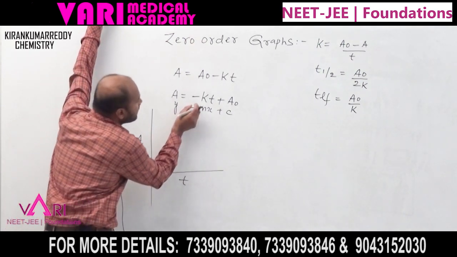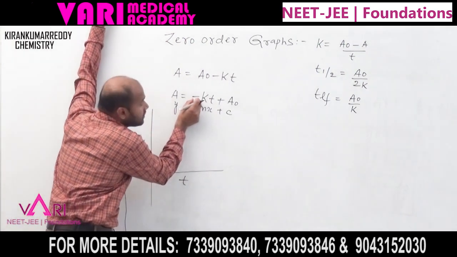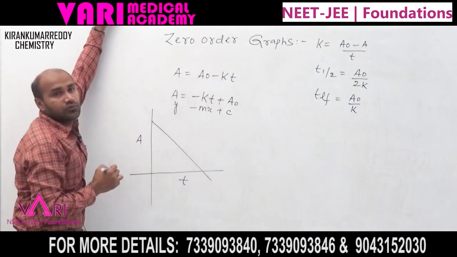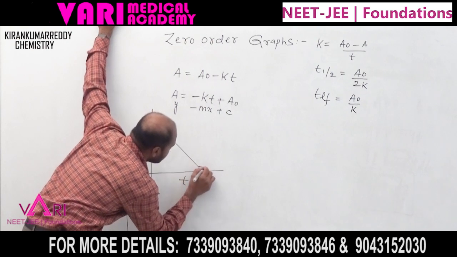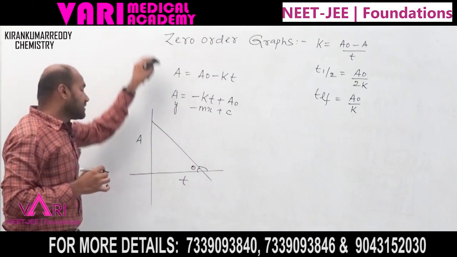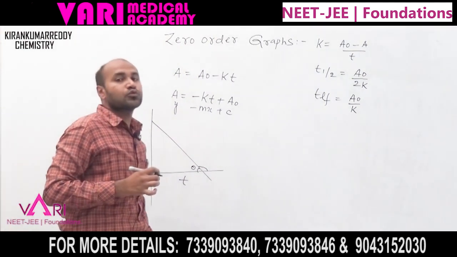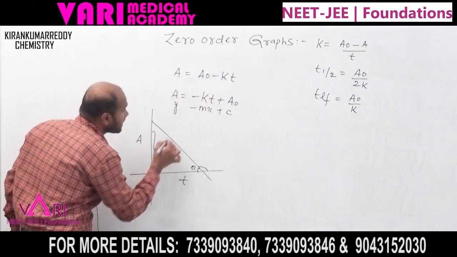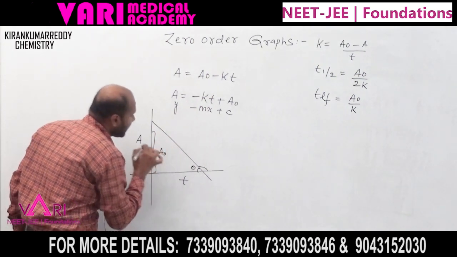Now what is the slope of the graph? Minus k means negative slope. Here theta is 45 degree, here is 135 degree. This is a straight line graph with negative slope. Okay, now what is the intercept, students? A0 is the intercept.